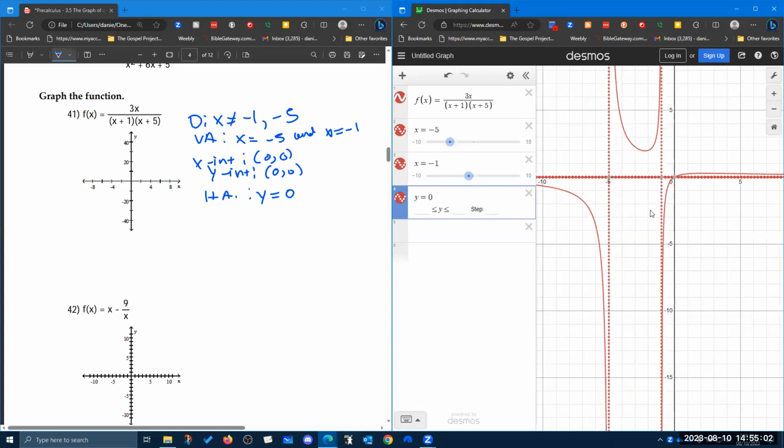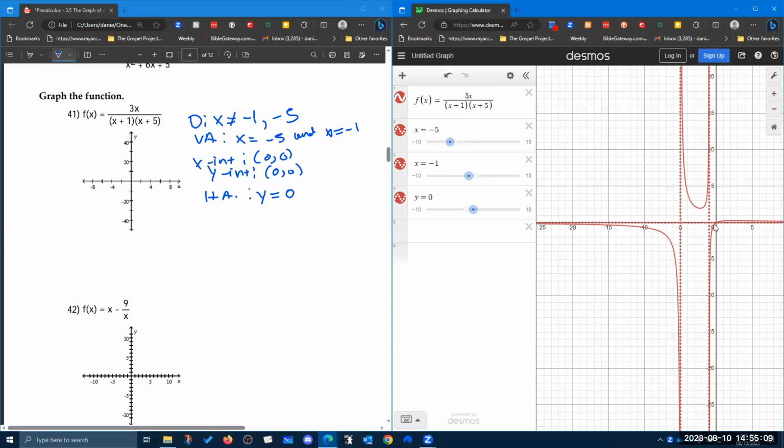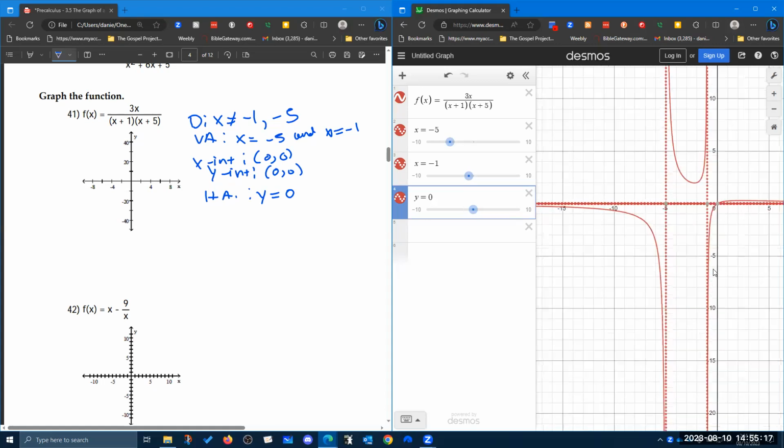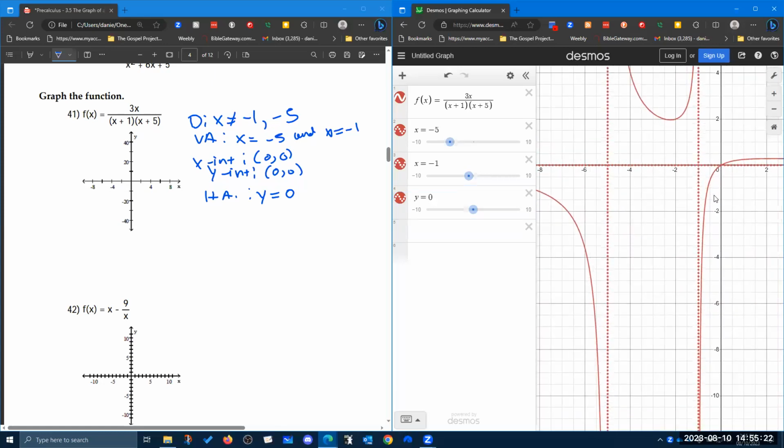So you would have something like that on your paper, and it's going to be your job to sketch the remaining pieces, given that you know the x-intercept. There's going to be a y-intercept when x equals 0. Let's find what f of 0 is. It is 0. So the x-intercept and y-intercept are both right there at 0, 0.